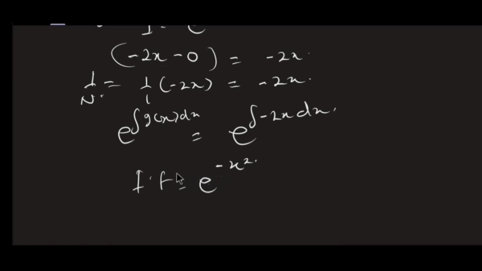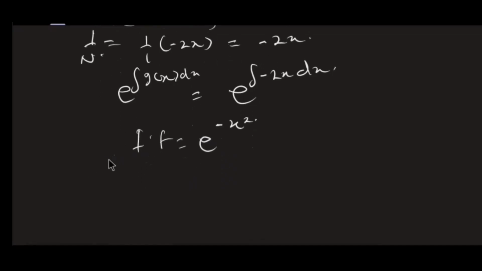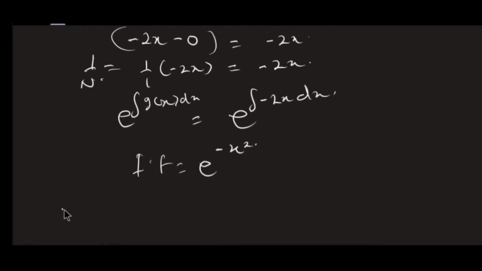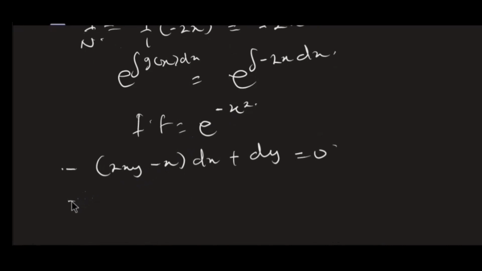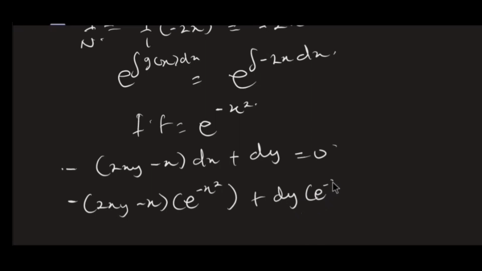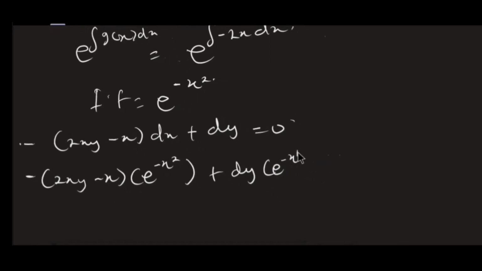Once you get your integrating factor, what do you do? You simply multiply it through the expression. So we have the expression of negative 2xy minus x dx plus dy equals 0. I'll multiply this through, and I'm going to get negative 2xy minus x multiplying e to the power negative x squared, plus dy multiplying e to the power negative x squared, equals 0.